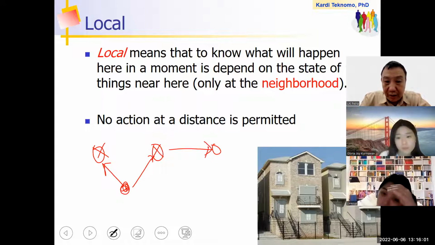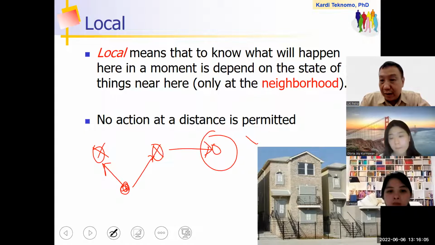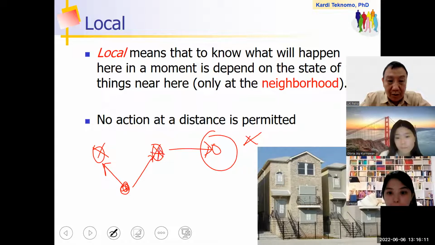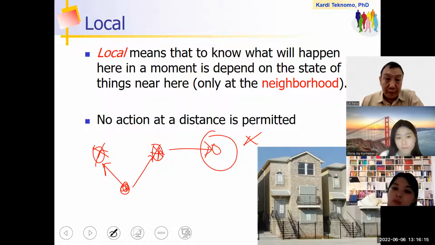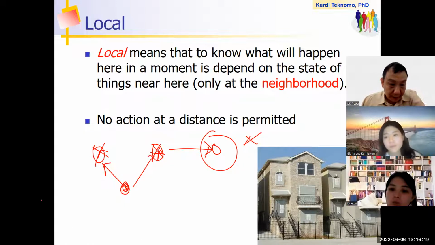The next one is not included. So local means only the immediate neighbor. Action at a distance is not permitted.